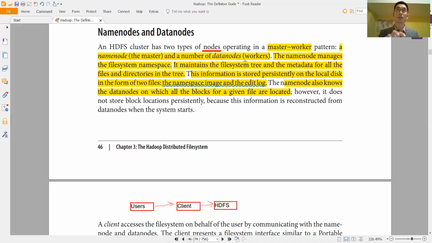The NameNode is the commander. He manages all the disk space, the blocks in the cluster. All the others are called DataNodes. Those are the workers. The DataNode listens to the commands from the NameNode. That is the way HDFS manages the disk space.